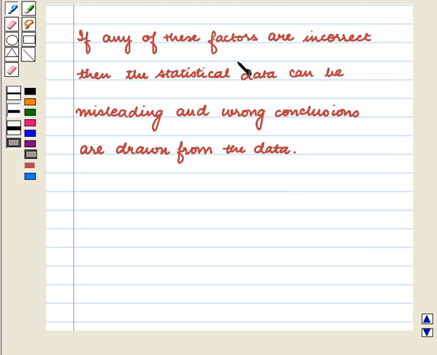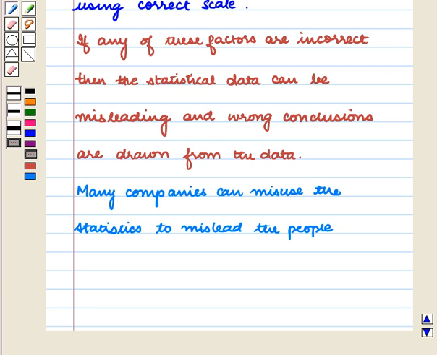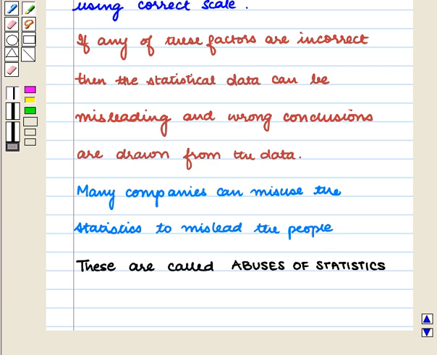If any of these factors are incorrect, then the statistical data can be misleading and wrong conclusions are drawn from the data. Many companies can misuse statistics to mislead the people. These are called abuses of statistics.